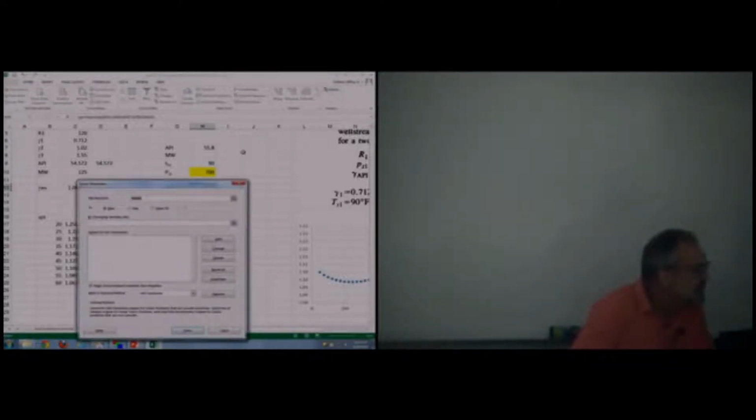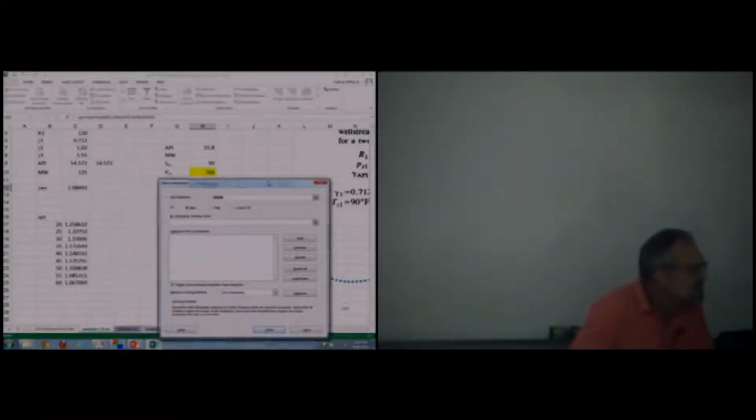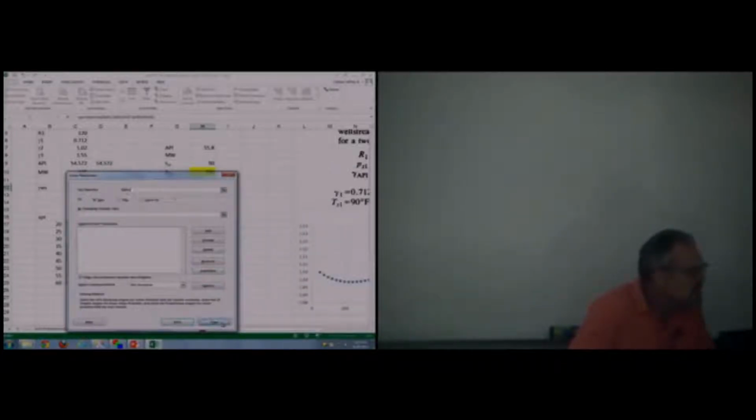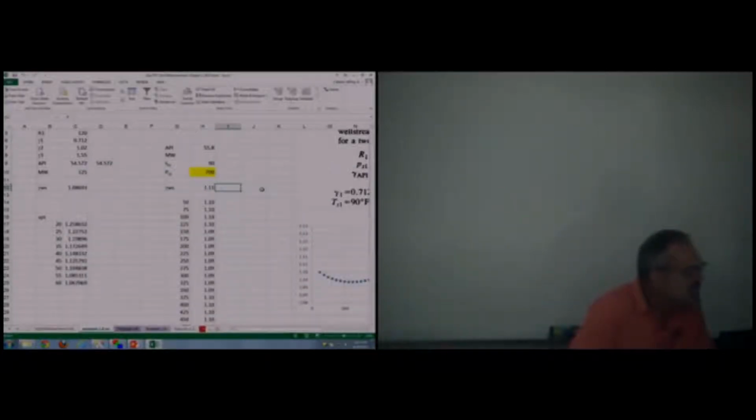Now, solver. We want to set our objective. Oh, we've got to set up a cell first. Whatever we get here, we want to be very close to 1.08, on a relative basis.